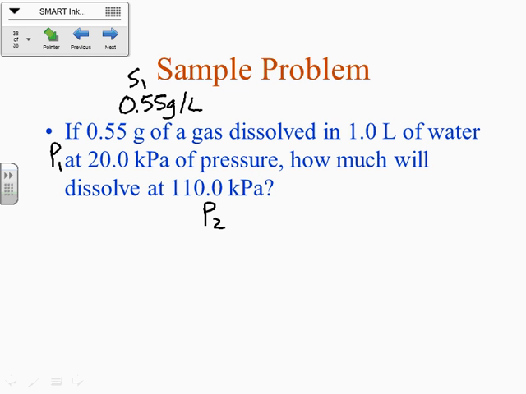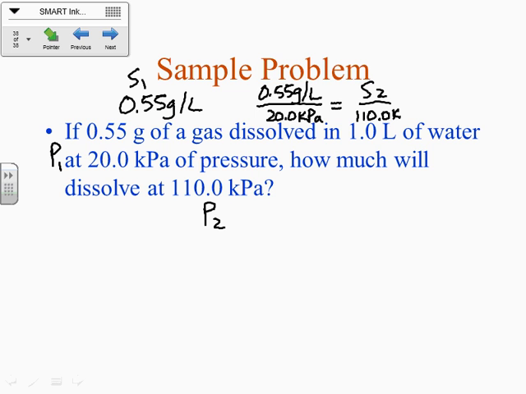All right, so same thing as before. You're going to end up with 0.55 grams per liter divided by your first pressure, which is 20.0. And again, it doesn't matter that it's in kilopascals, as long as both of them are in kilopascals, we're fine. Then we're solving for S2 again, and the second pressure is 110.0.